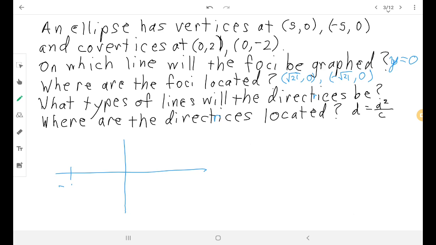So we were at negative 5, 0, 5, 0. We were at 0, 2, and 0, negative 2. So it kind of looked like that. Then we had foci in here somewhere.